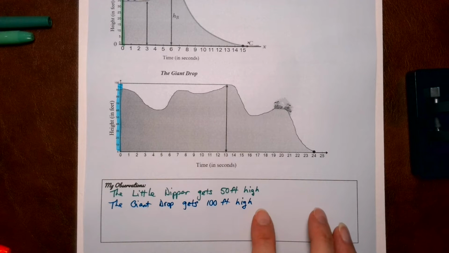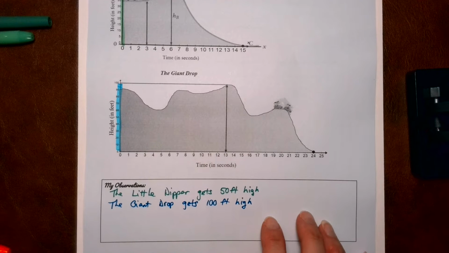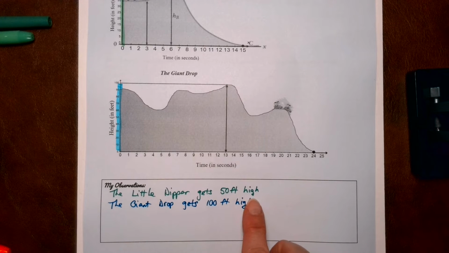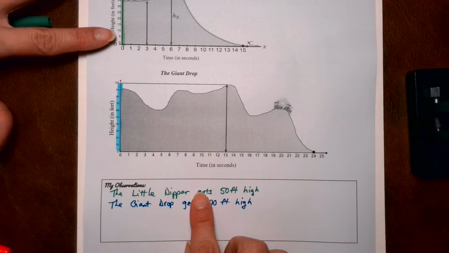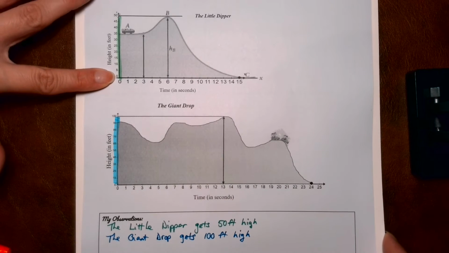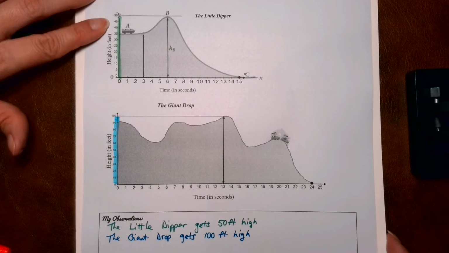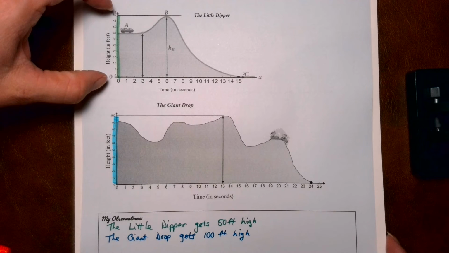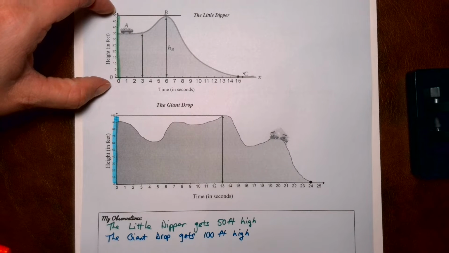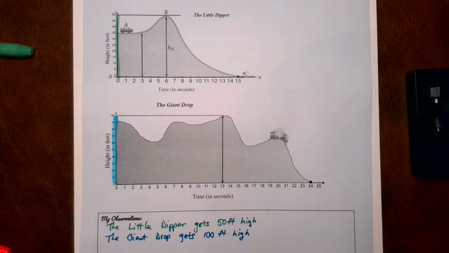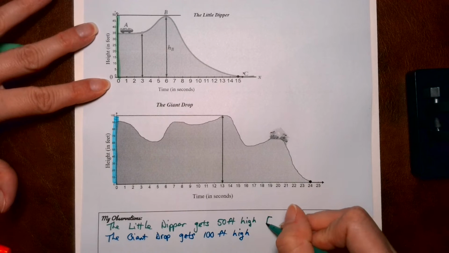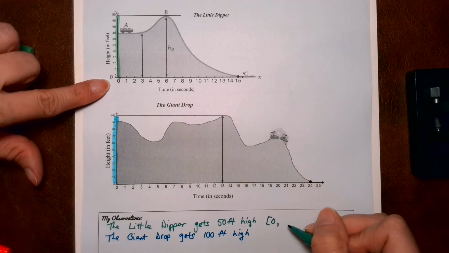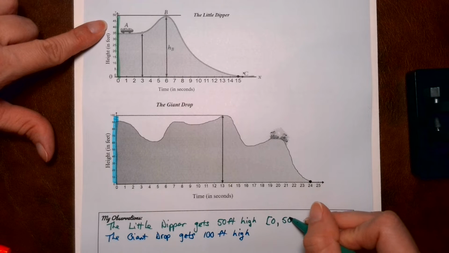All right, but now we have to think about how we are going to write this mathematically. I want to tell people that the Little Dipper goes from 0 on the ground at the lowest up to 50 at the highest. So I want to write that as an interval. What's the height there? It goes from 0, comma, all the way up to 50.